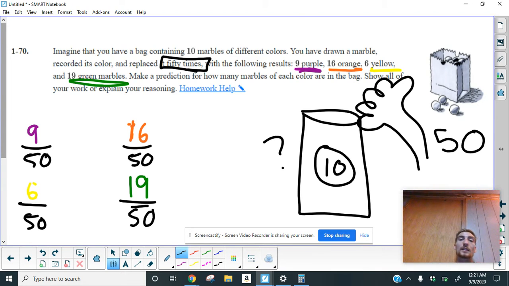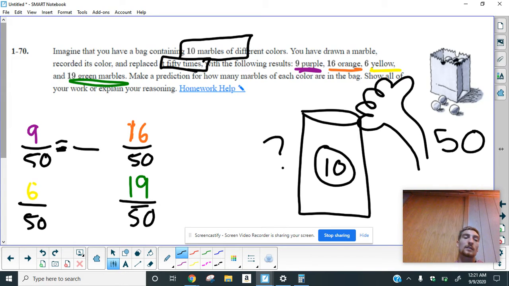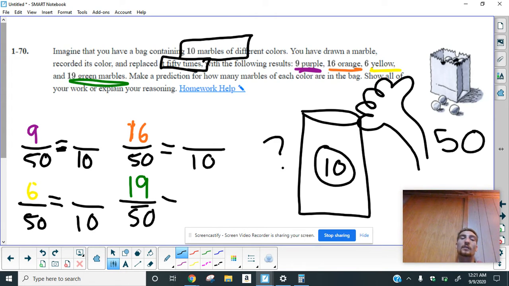And so what we're going to try to do now is create a fraction where it's out of 10 marbles, because that's how many we have in the bag. So our new denominator is going to be 10. So what I'm wondering is, how did we get from 50 to 10 as our denominator?